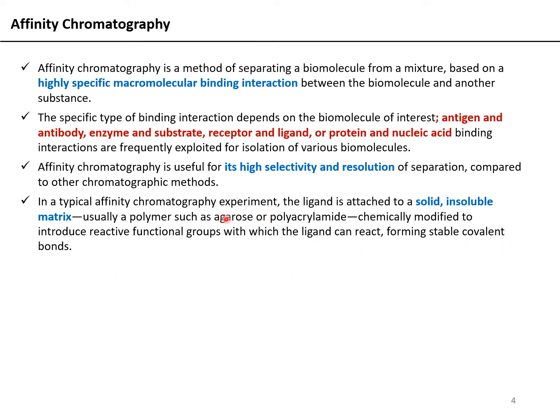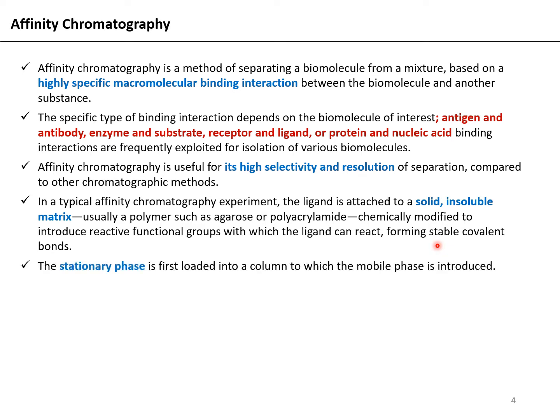So these agarose or polyacrylamide beads are chemically modified to introduce these reactive functional groups, which can be either the antibody or the enzyme or the ligand, to which the interacting counterpart protein will bind when you pass the load through it.